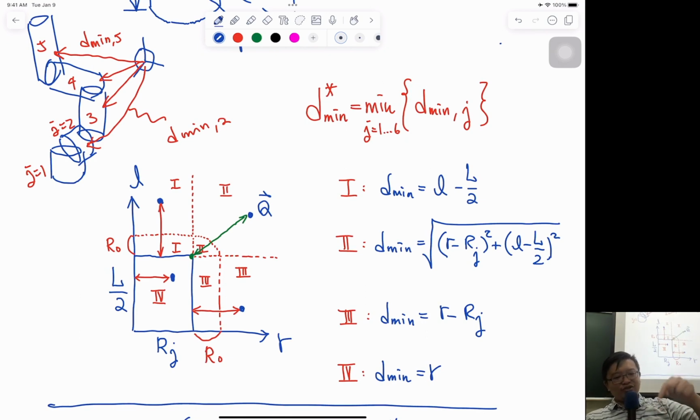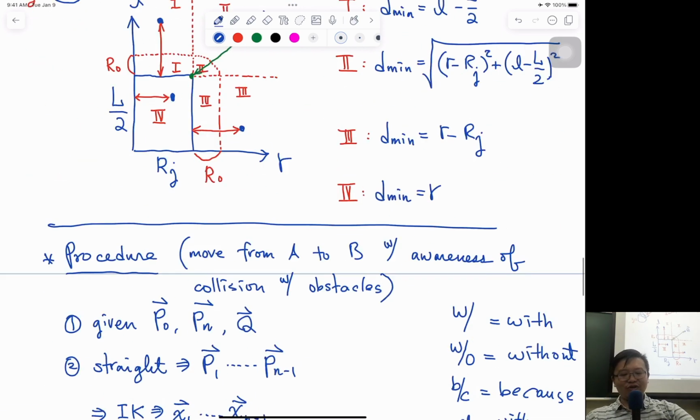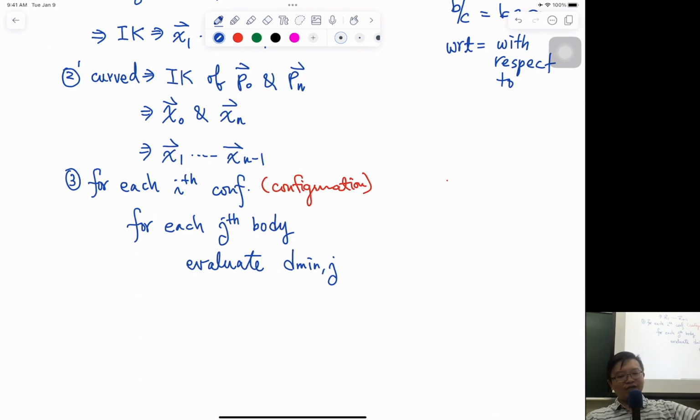But actually this requires some kind of coordinate transformation. Because when you are studying this, you need to figure out the center point of the jth body part and what is R, what is L. It also takes some time. You need some kind of transformation. So this evaluation of D minimum is not very straightforward. So what's inside this, there are smaller steps.